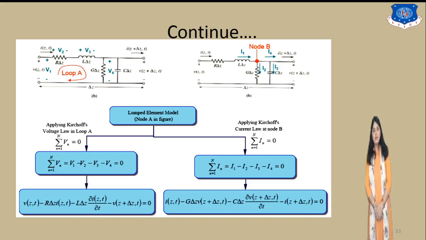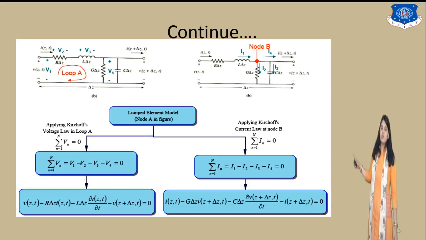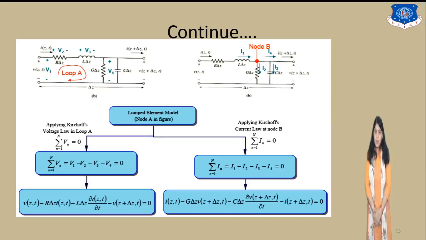So we can write the equation V1 minus V2 minus V3 minus V4 is equal to 0. Similarly, I can apply the KCL at node B: the sum of all the currents, inside and outside, is equal to 0. So I1 minus I2 minus I3 minus I4 is equal to 0.